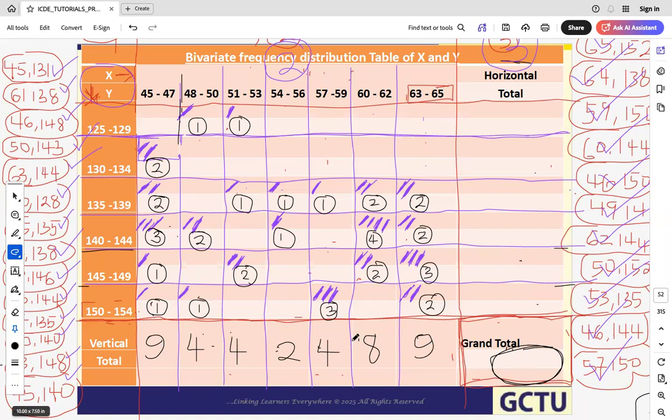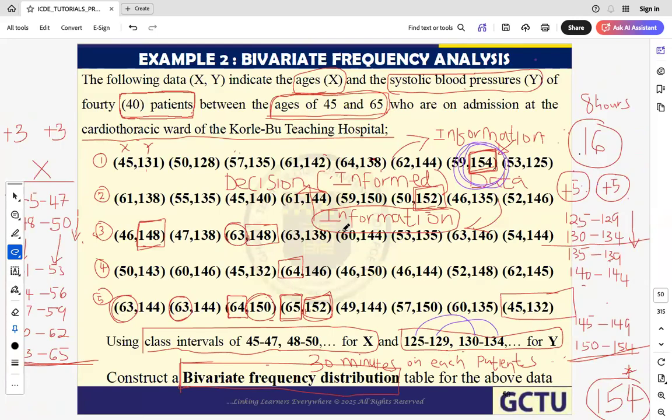Now, if we add these numbers from left to right, and we don't get 40, because the question said that the patients are 40, it means we have made an error somewhere.